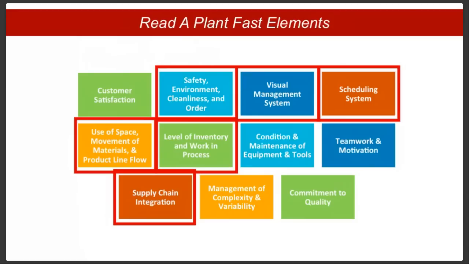These are the dimensions you need to focus on when you go out to assess a material system quickly. So there they are, right? Look at the first two: safety, environment, cleanliness. You know, the 5S side of things, along with visual management. Those two go to your 5S, 6S, 7S dimension.